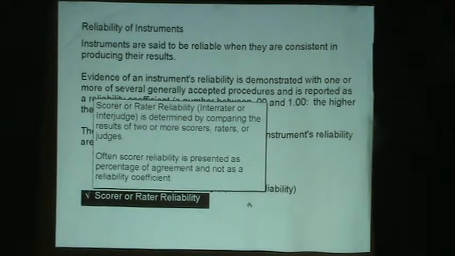If those two scores are similar, then you can say that what is being observed is observed reliably.